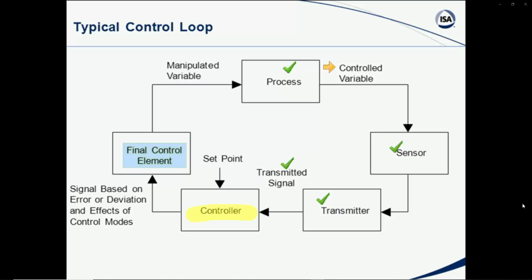And the controller may be part of a programmable system, a PLC or a DCS, or it can be a dedicated pneumatic or electronic controller. But in any event, that intelligence is given to us by our transmitter, and then the desired value of that control variable is set as a set point, either remotely or locally, or in a cascade loop, where we talked about different types of loops and how we compare the measurement to the set point.